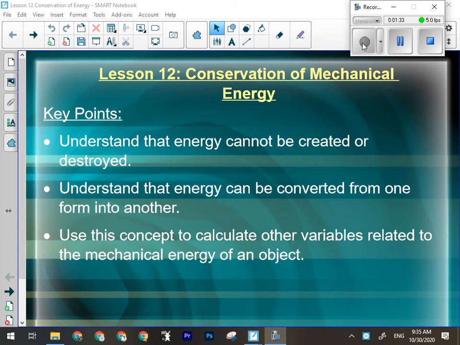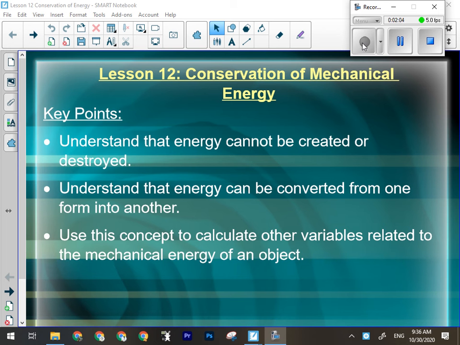Now, here's the thing that most people mess up about law of conservation of energy questions. Is energy vector or scalar? It's scalar. So regardless of which way the object is moving at any point in its path, does that affect how much energy it has?